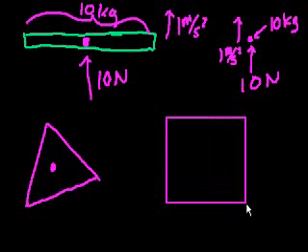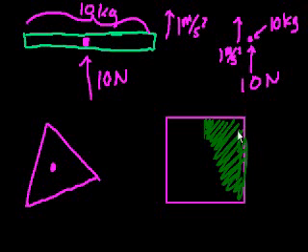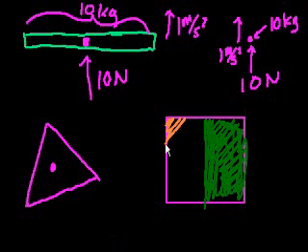Let's say I have the square, but let's say that half of this square, this half, is made from lead. And let's say the other half of the square is made from something lighter than lead.